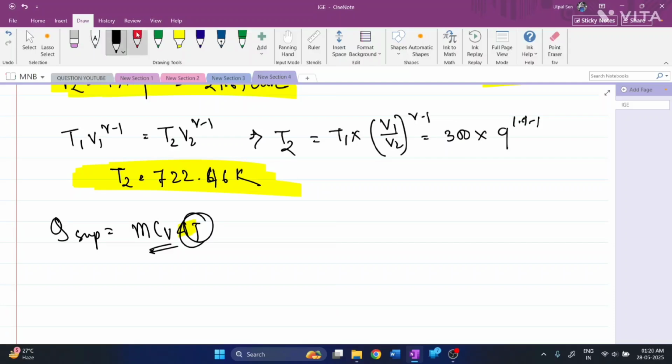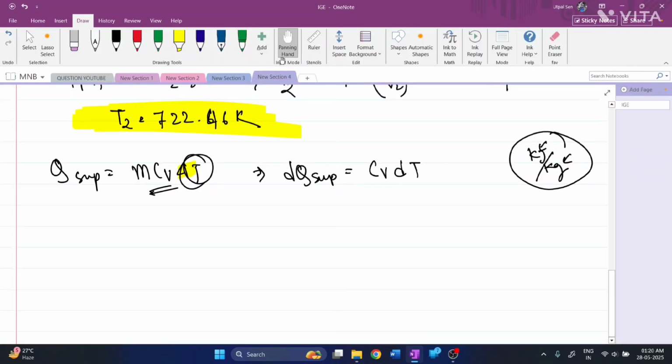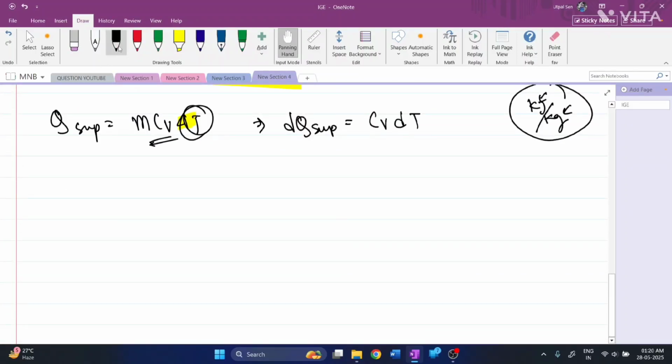So we have to rewrite this equation as, for heat supplied, dq equals Cv dT, as q is in kilojoule and mass is divided, so kilojoule per kg. So heat supplied per kg of air, according to the question. This should be the approach to the question itself. So by integrating this, we will get the total heat supplied.